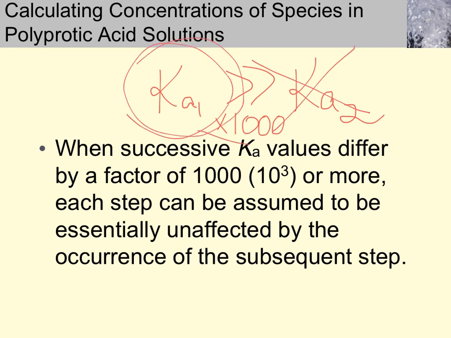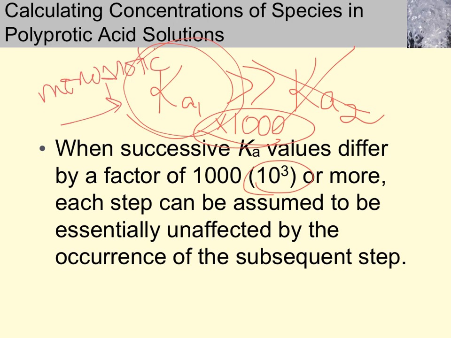What that means is if this difference is 1,000 or more, 10 to the third or larger, then you can treat it simply like a monoprotic acid, and you can just ignore the second ionization constant.